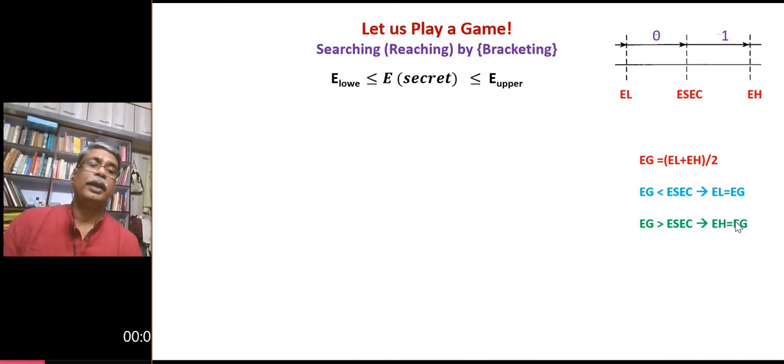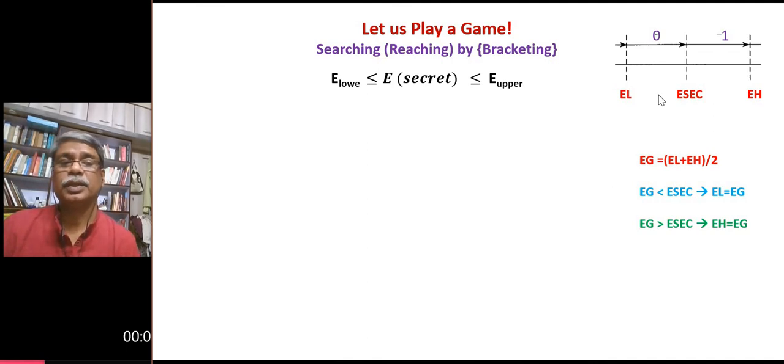So again after redefining either EL or EH, depending on which side the EG comes initially, after the first cycle I again take the average, EL plus EH by 2, because this time either EL or EH has been changed, and I will get a new EG, which may be either on the left or on the right. So again I will follow the same logic.